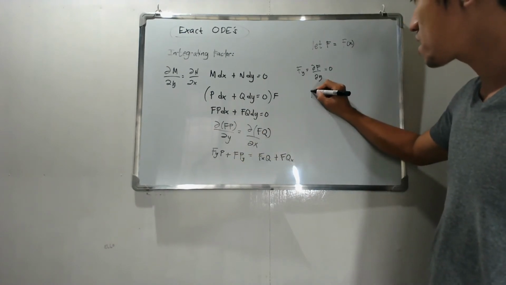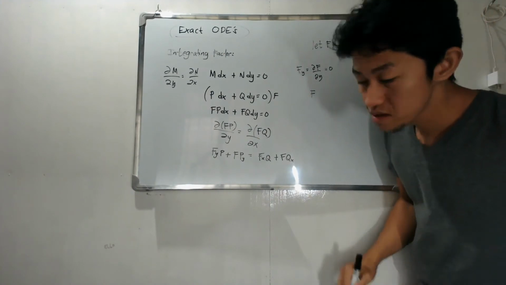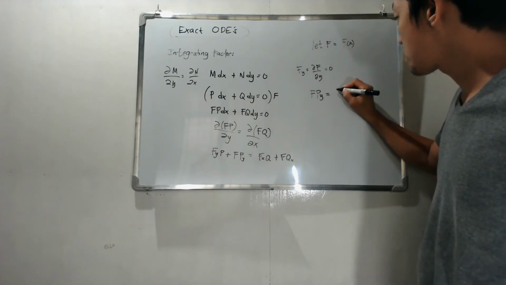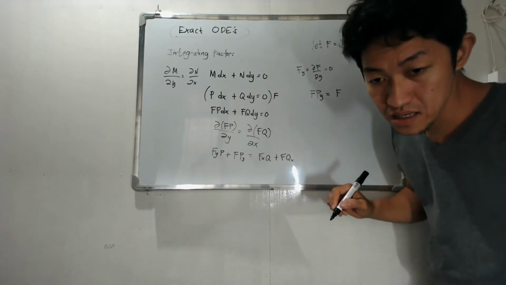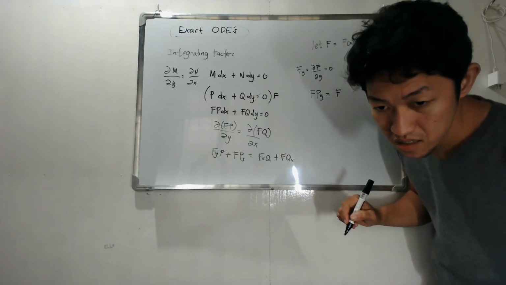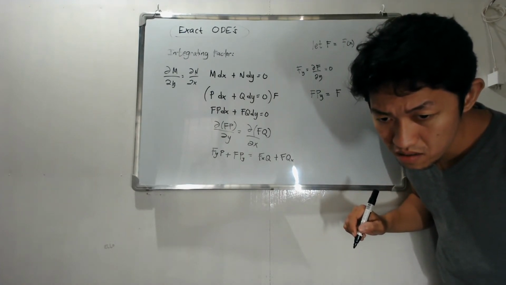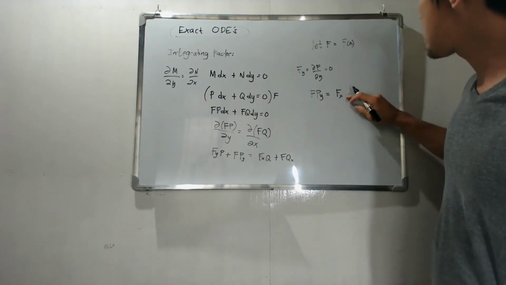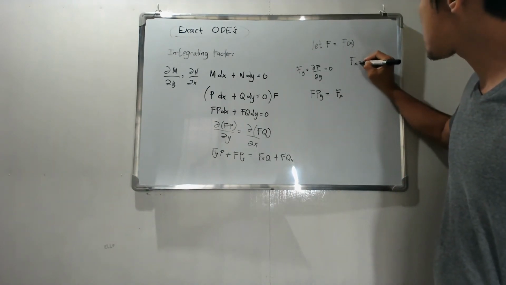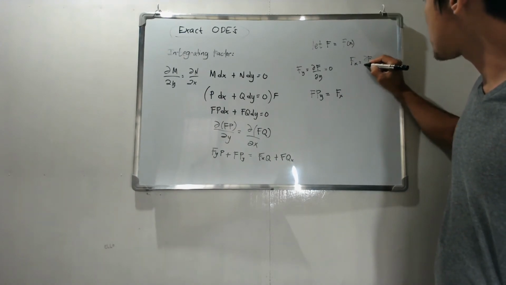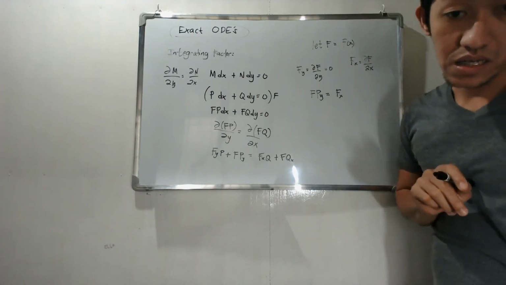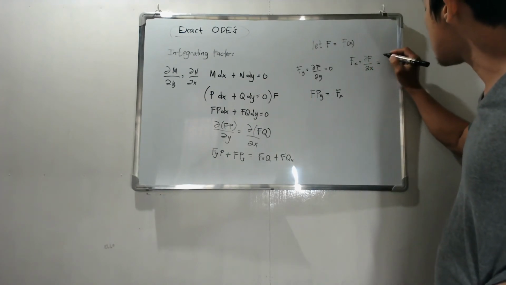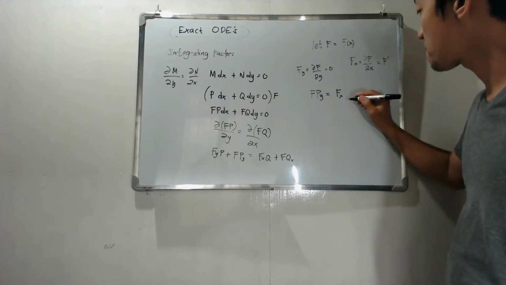So this becomes f P sub y is equal to f sub x Q plus f Q sub x. F sub x is the partial of f with respect to x, or let's say this is f prime.